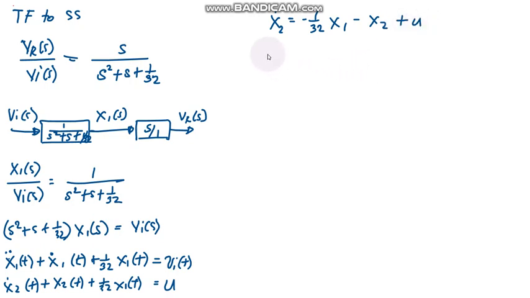Okay, and as we know already, x1 dot is equivalent to x2. Just to complete the equation, we know that it's equivalent to 0 x1 and 0 u. Okay, so we already have our state equations.